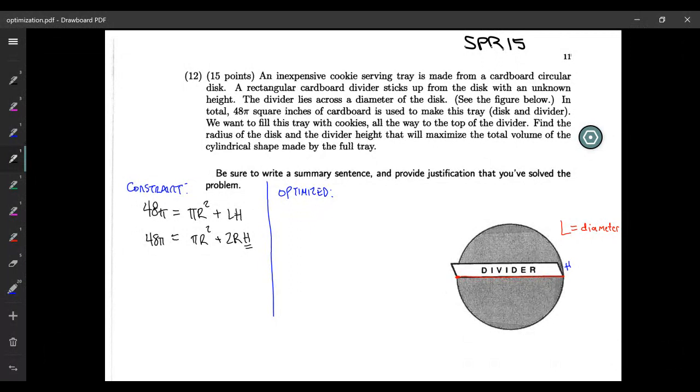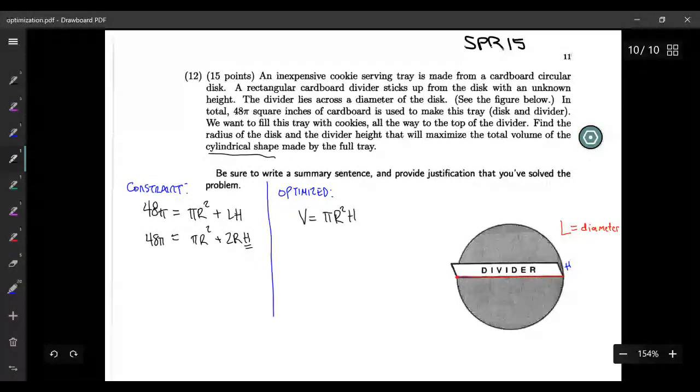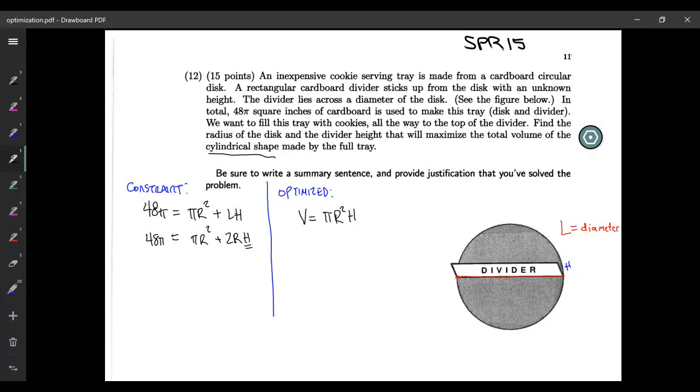That will maximize the total volume of the cylindrical shape. So volume is pi r squared h, made by the full tray. So that means I'm going to solve for h.